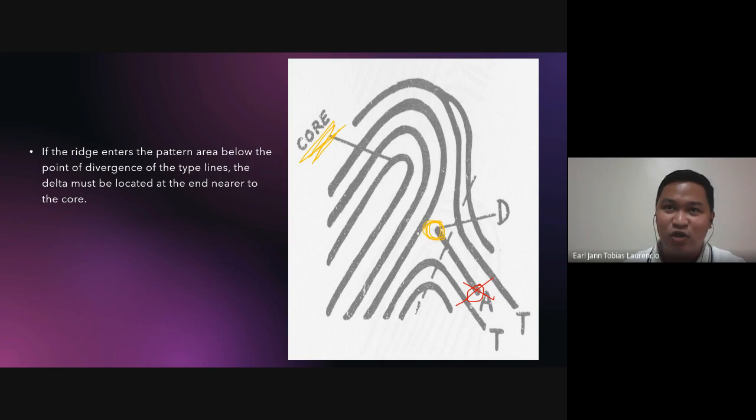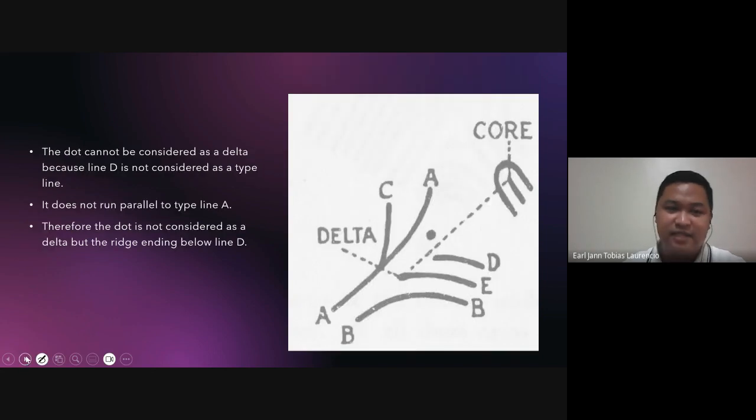So the tip that is near the core shall be considered as the delta of the pattern. Okay, moving forward. Another example.